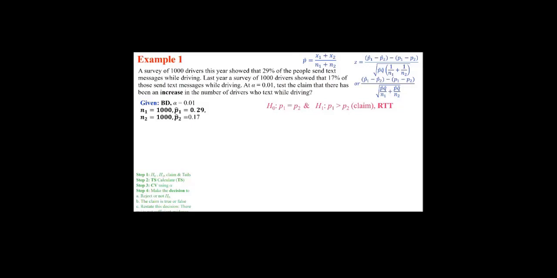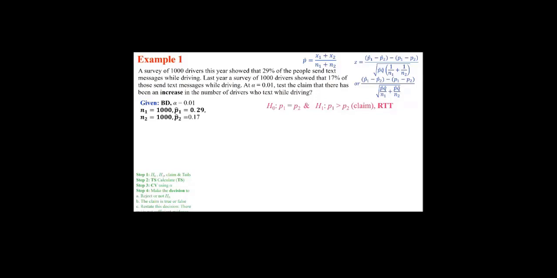The test statistic is much more interesting. So if you look at the top right, the formula for test statistic is given. And as I mentioned, P1 minus P2 is coming from H0, and therefore it is 0. I put both formulas. Again, it depends on the text. One may use the top one or the next one. They are identical.